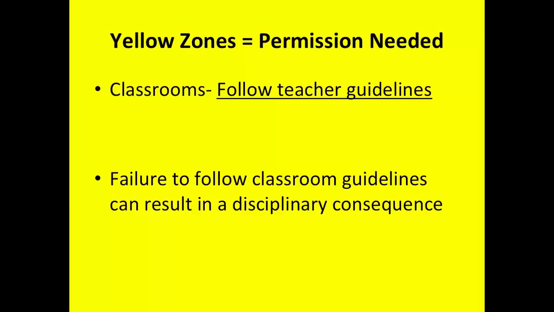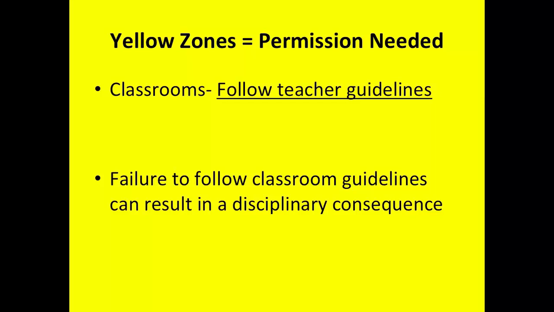Yellow zones are places where you need permission in order to be using your personal technology. The biggest yellow zones in the school are classrooms. In the classrooms, the teachers are the ones that set the guidelines. Some teachers will not allow personal technology, others will. Others will have rules regarding using it at certain times and not using it at certain times.